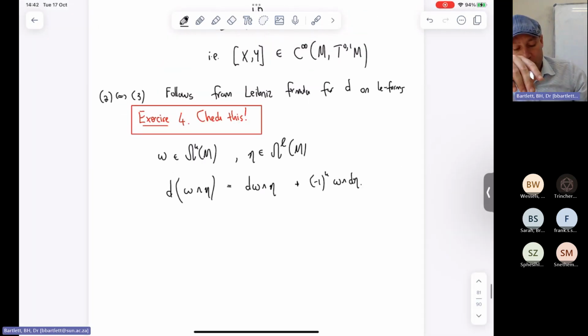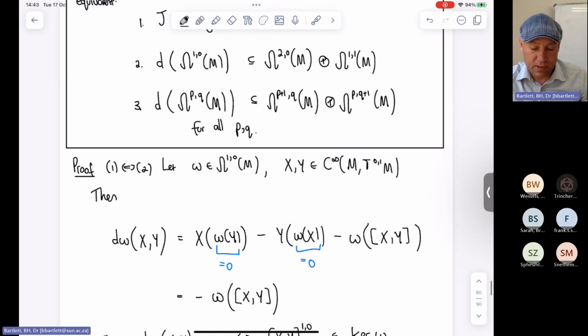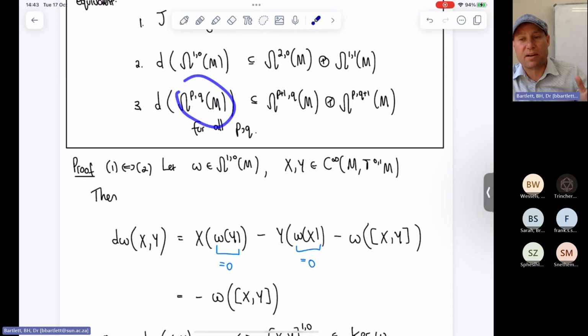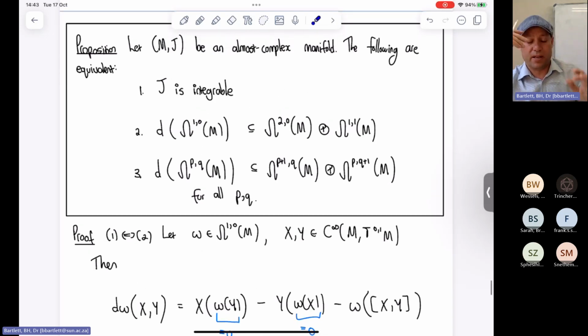And that's how you're going to be able to prove this exercise, because we can locally write a P,Q form as a sum of a bunch of wedges of P dZs and Q dZ bars in each tangent space, where Z and Z bar are defined not as coordinate charts, but in that almost complex manifold way.